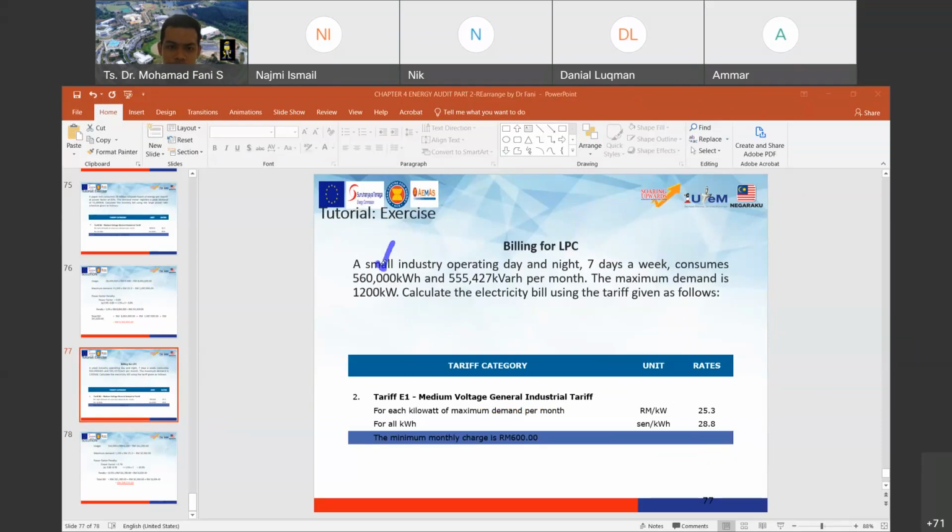We got the P here and also Q. So for PQ power factor, tan, P over Q, kan?